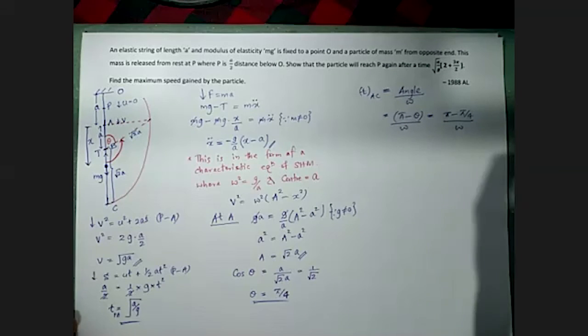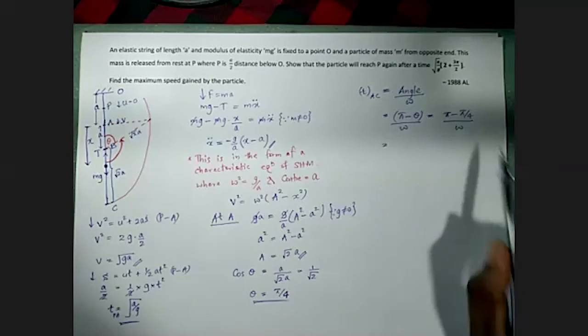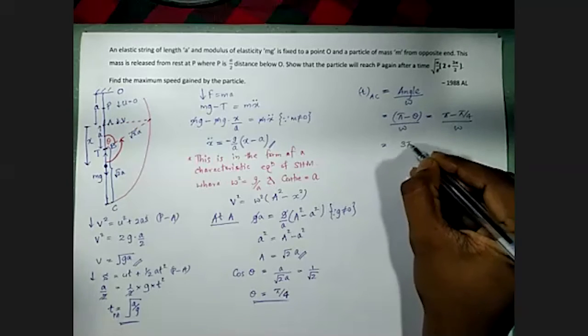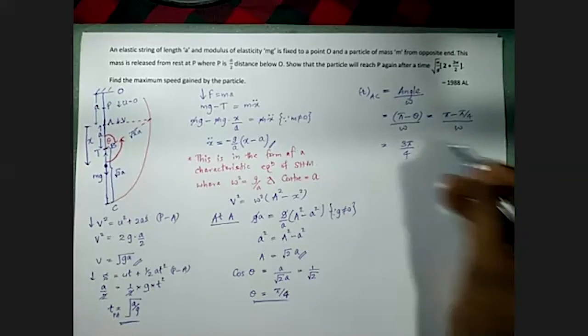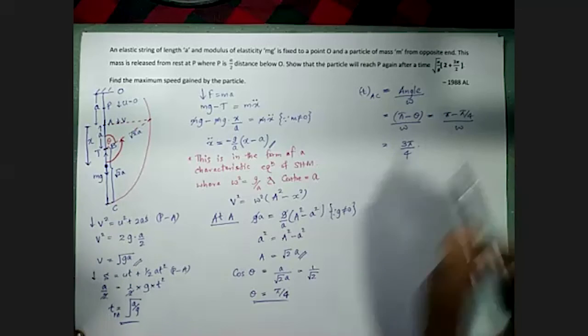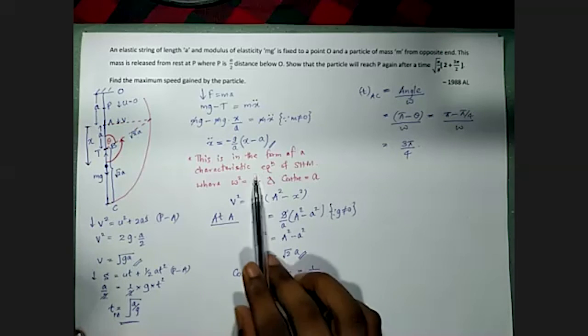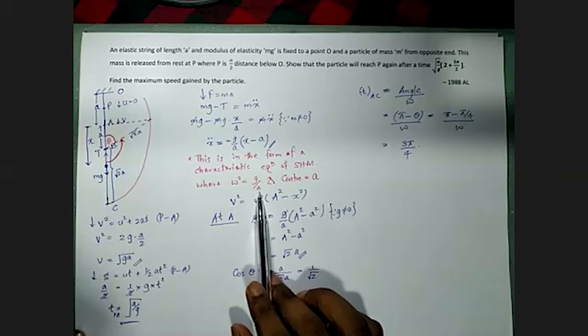So pi minus pi by 4 is 3 pi by 4, over omega. Here we have omega in the denominator. What is our omega? Omega is the square root of this fraction, that is square root g over a.